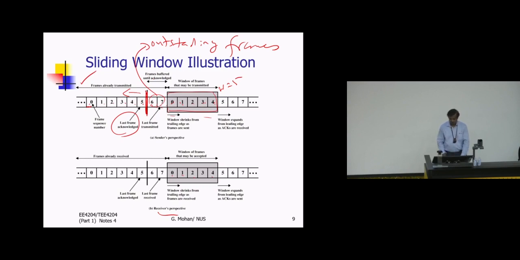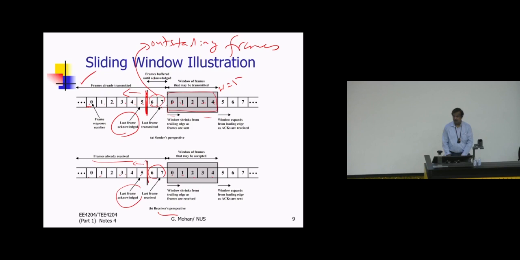Similarly, on the receiver side, you can see a vertical bar here. Prior to this vertical bar, these numbers indicate frames already received and also acknowledged. Acknowledgements have already been sent out. And these are the frames which are received and currently in the buffer, but acknowledgements are yet to be sent out.